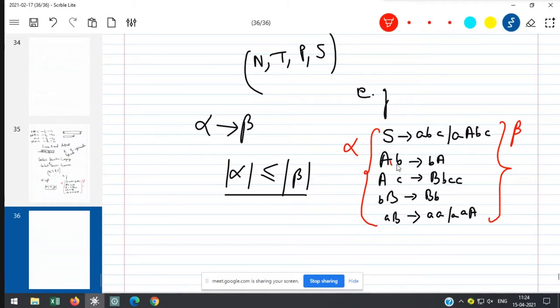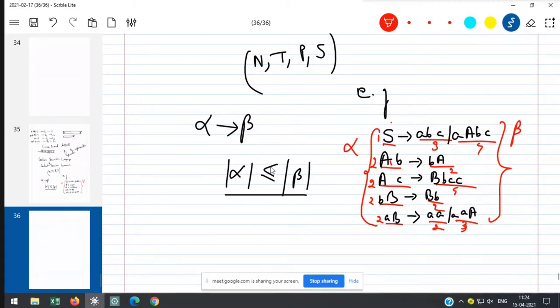How to check that? See, the length of this one is 1. The length of this one is 2. This is 2, this is 2, including both terminal and non-terminal. This is also 2. This is 2. This is 3. This is 2. This is 4. This is 2. This is 3. This is 4.